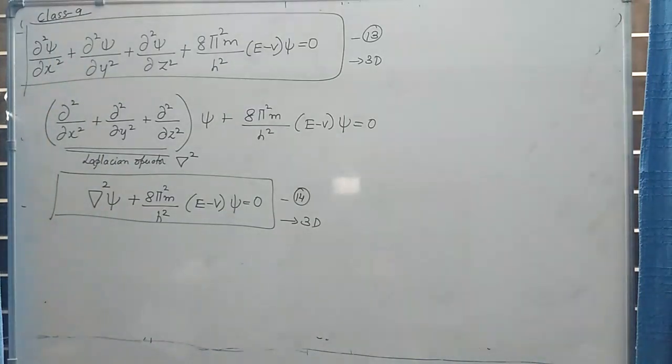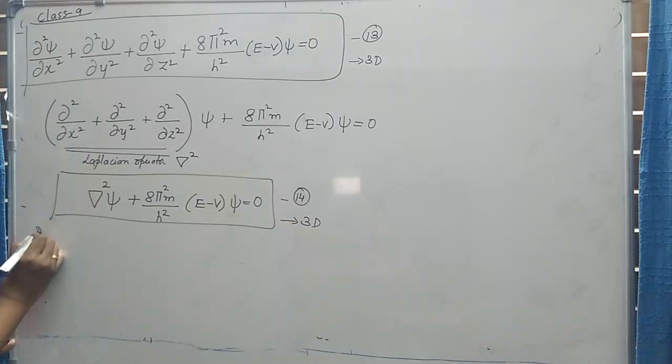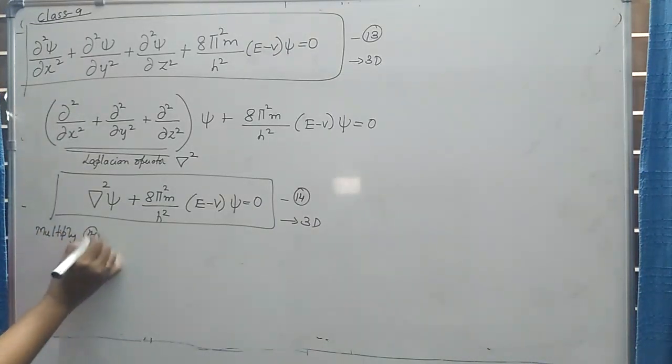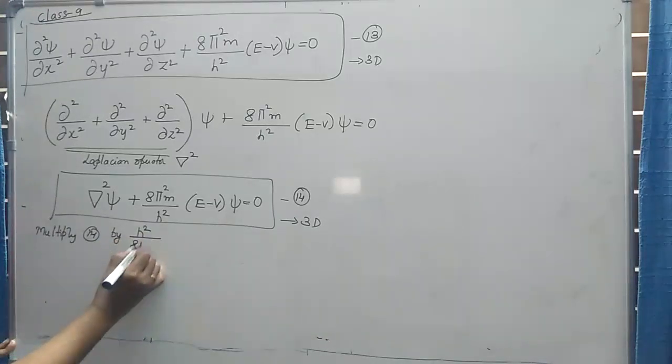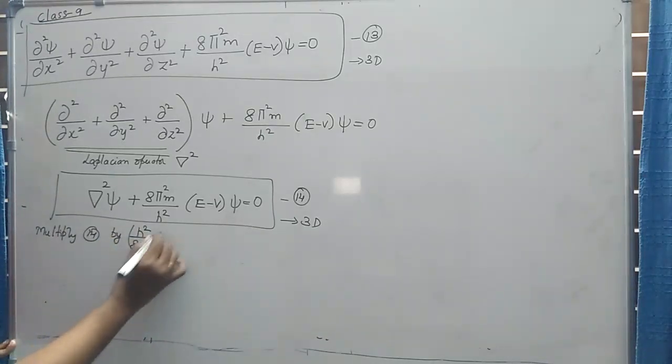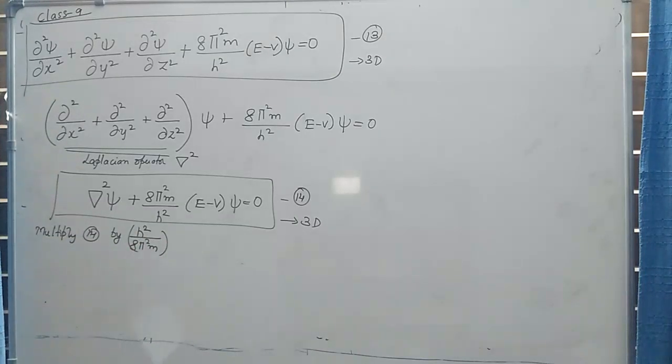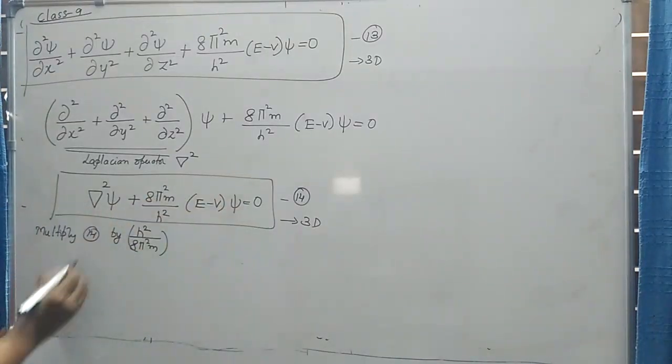There is one more way of writing this Schrodinger wave equation. What we will do is multiply equation 14 by h square by 8 pi square m. So we are multiplying the entire equation by this term. When I multiply, what happens to the first term?